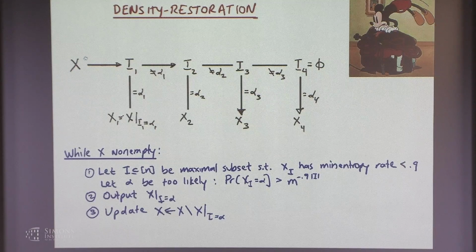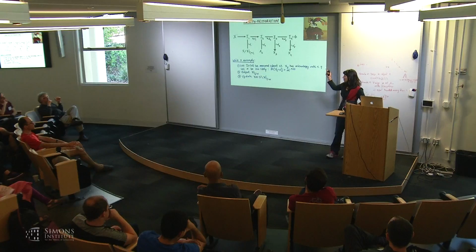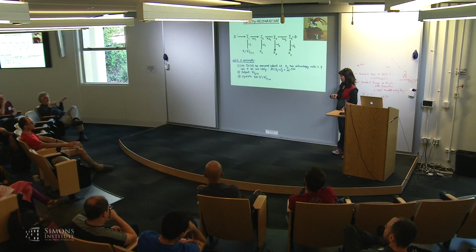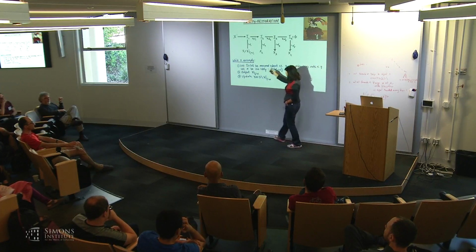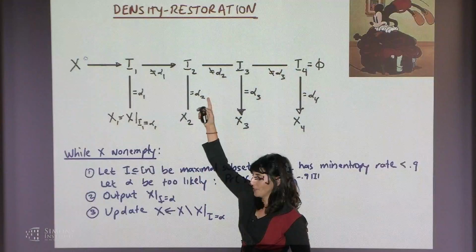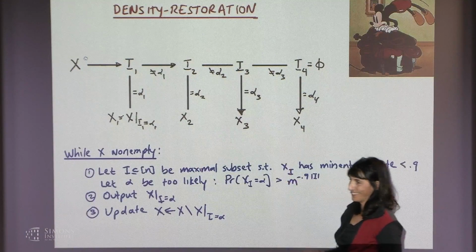And these sets I1, I2, I3, they may overlap in various ways. I2 could be the same set of coordinates as I1 or a different set. Who knows? But x1, x2, x3, they're partitioned. Yes, just by construction, because we took some stuff out, we moved everything else over, took some more stuff out.